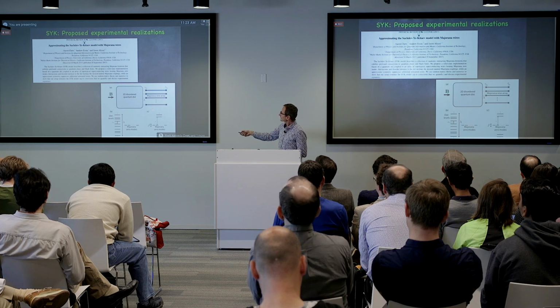What they proposed is coupling weakly these Majoranas into a single disordered quantum dot. I will not really discuss this in any great detail, but a beautiful and relatively simple calculation shows that under the right conditions at low energies, this realizes the SYK model for Majorana fermions in the system.